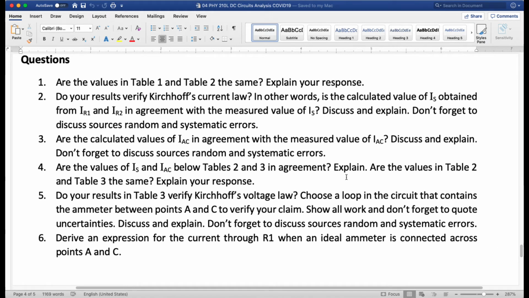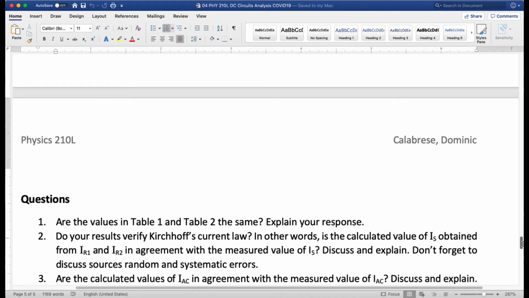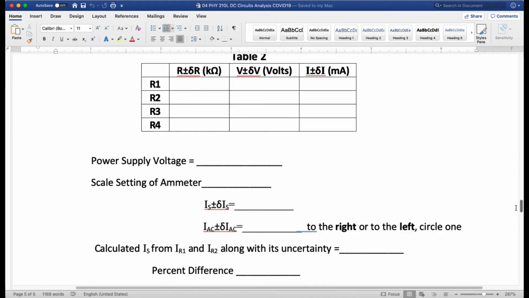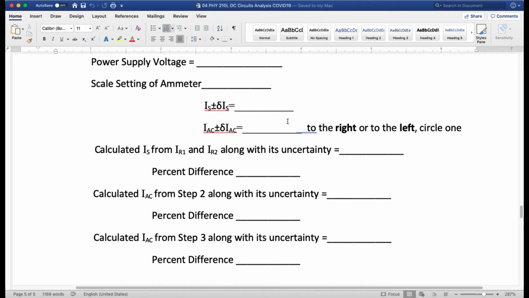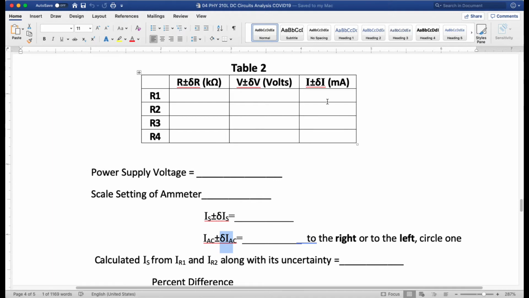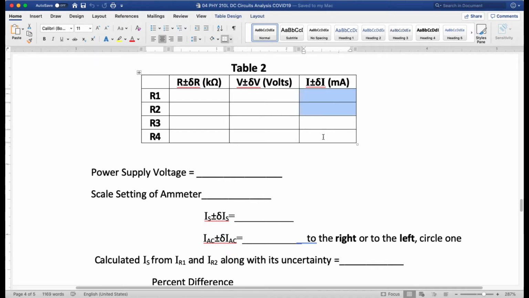And then when you come and answer this question, you can refer to the answer to what you have. Up here. Does that make sense? So you're going to calculate this and show your work here. And you're going to show one of the sample calculations for I and this uncertainty.